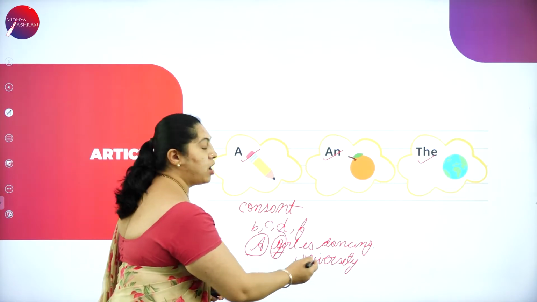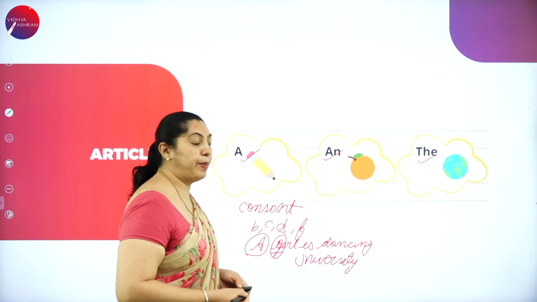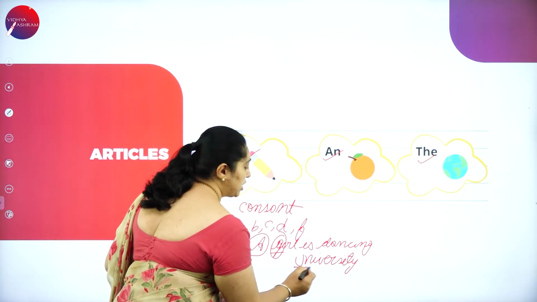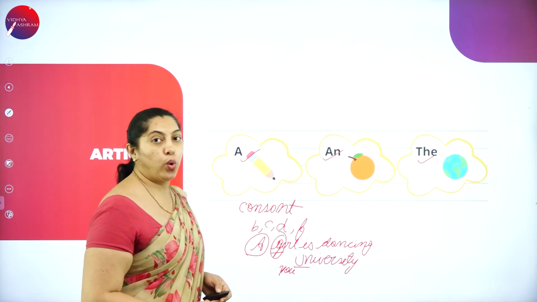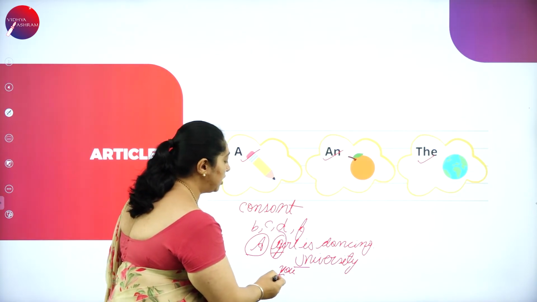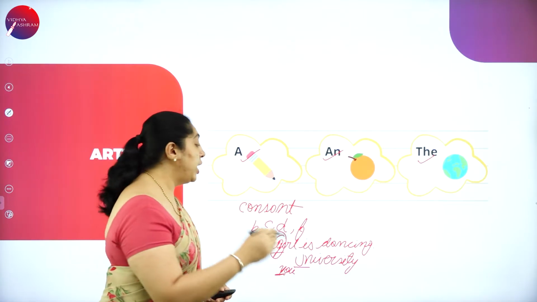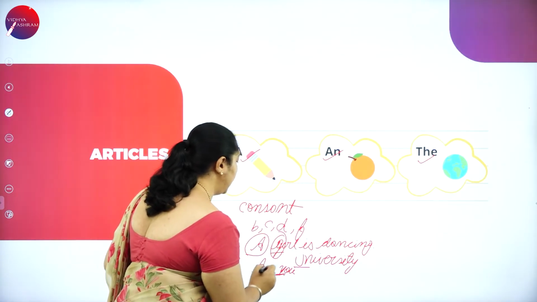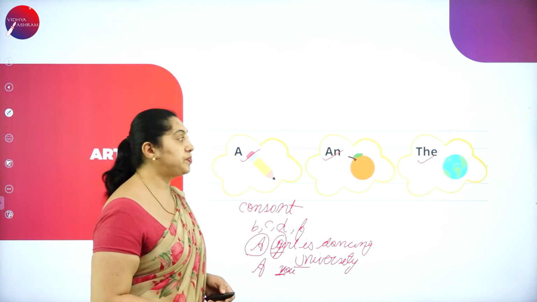When I pronounce this word university, the sound you hear in the beginning sounds like Y-O-U. So here the first sound is Y. It's a consonant sound. So here also we will use the article a university. I hope I'm clear here.